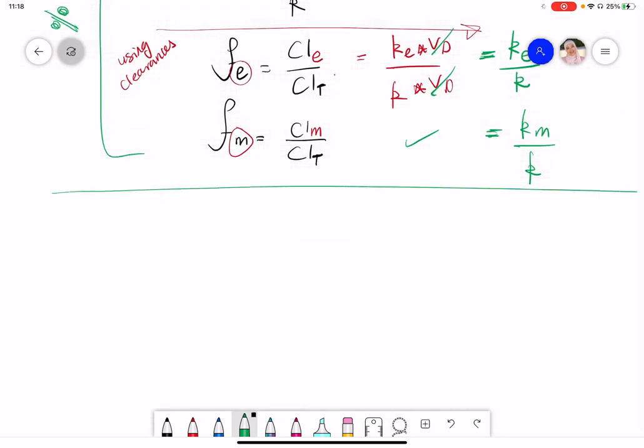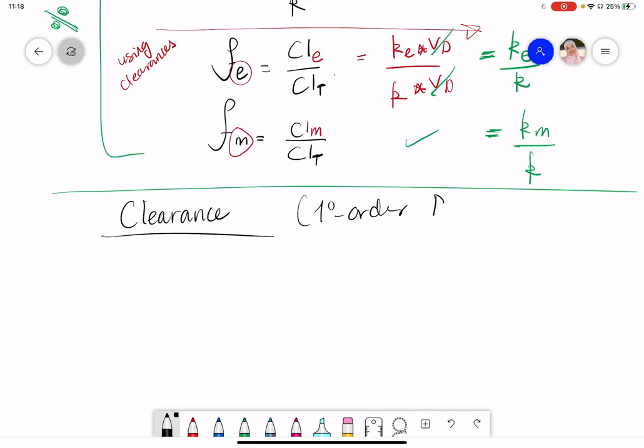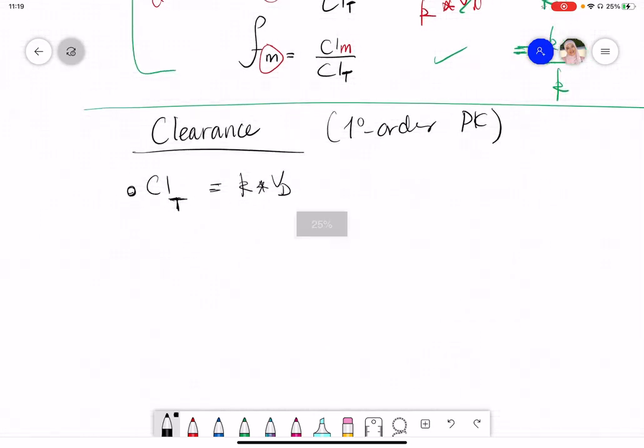So according to whatever we just mentioned, we can determine clearance under first order kinetics using one way, which is K multiplied by VD, or each one of them using the right rate constant if we want the metabolism clearance or the excretion clearance.